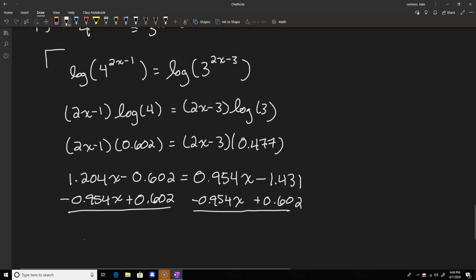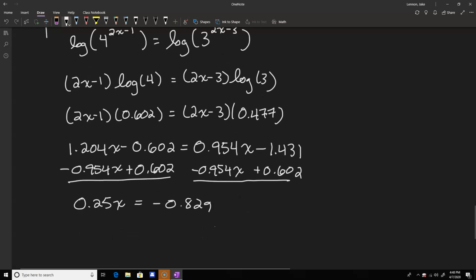So we end up with 0.25x on the left, and on the right we have negative 0.829.